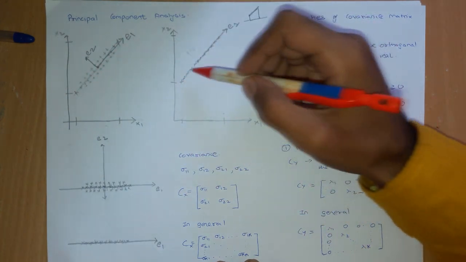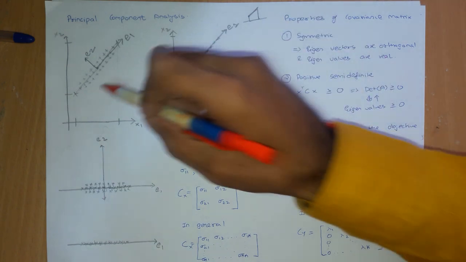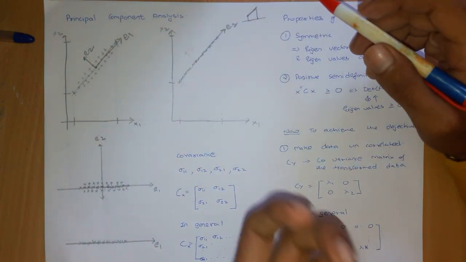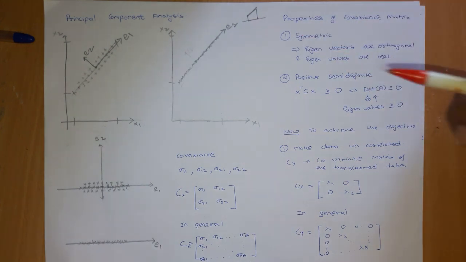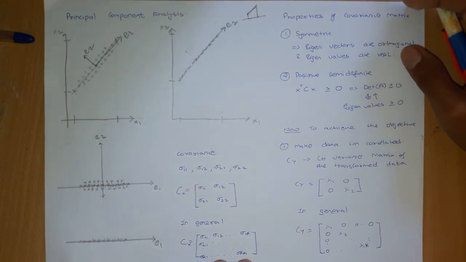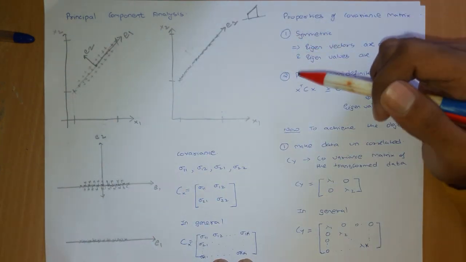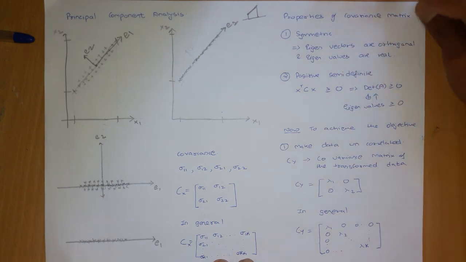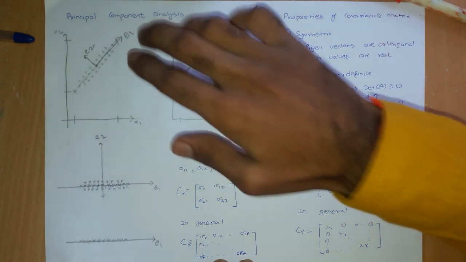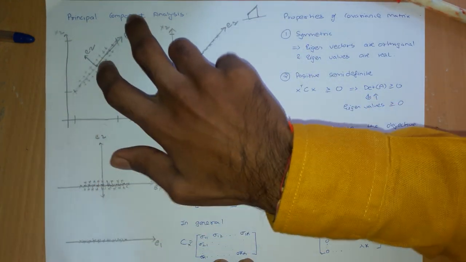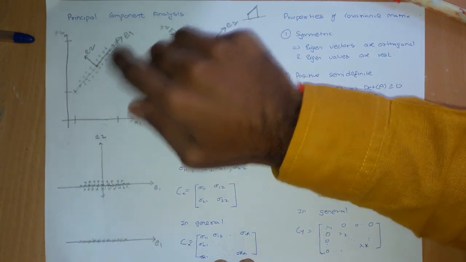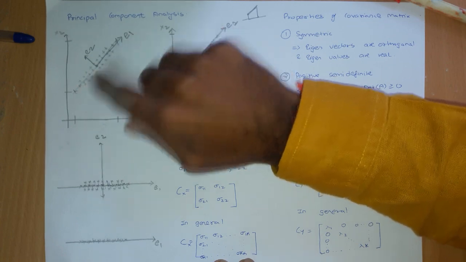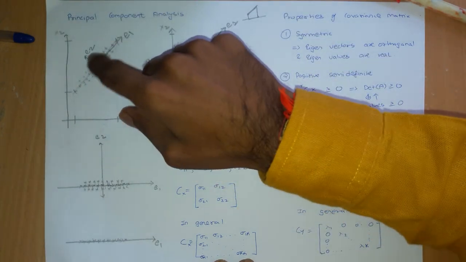Now you can see that even if I use this data or this data, it will not make that much of a difference. It will make a difference, but we'll see how much error comes into the picture. So this is the basic visualization of principal component analysis. We have our data, and we are transforming it into a vector space where the axes are inclined towards the maximum variance and the other variances are orthogonal to it.